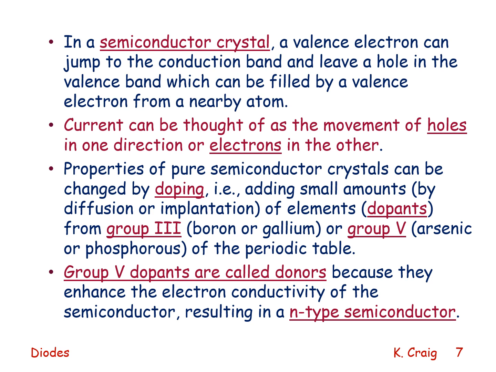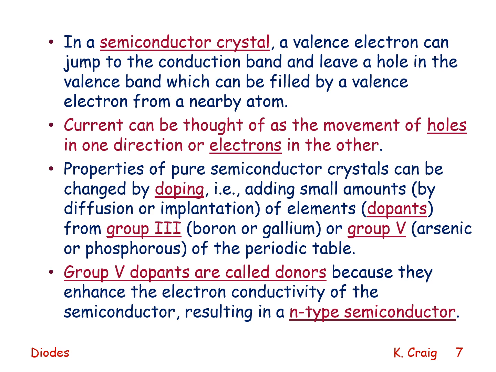Properties of pure semiconductor crystals can be changed by doping. That is, adding small amounts by either diffusion or implantation of elements called dopants from group 3 of the periodic table, boron or gallium, or group 5 of the periodic table, arsenic or phosphorus.